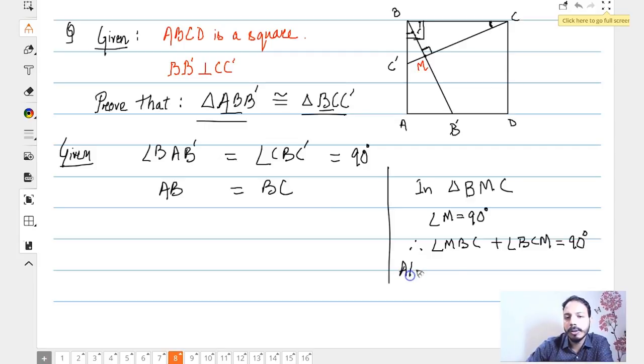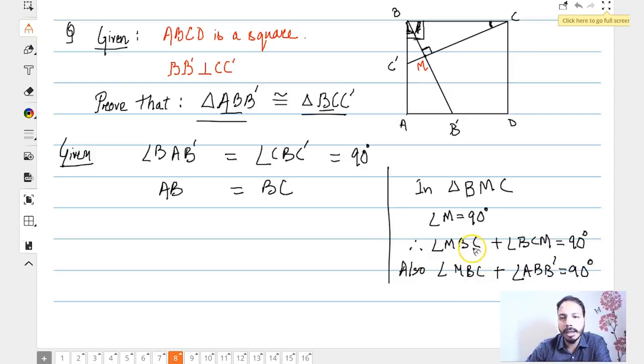Also we know that this angle MBC plus this angle, that means this angle plus this angle, right? So this angle can be written as ABB dash. That means angle ABB dash is equal to 90 degrees.